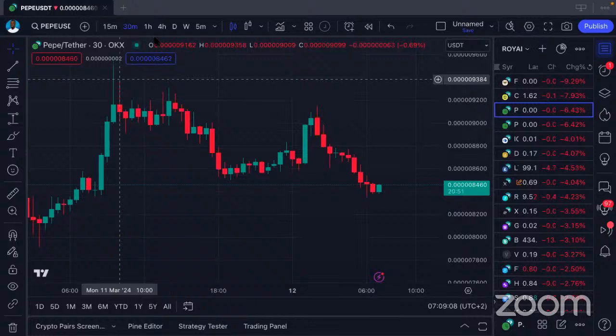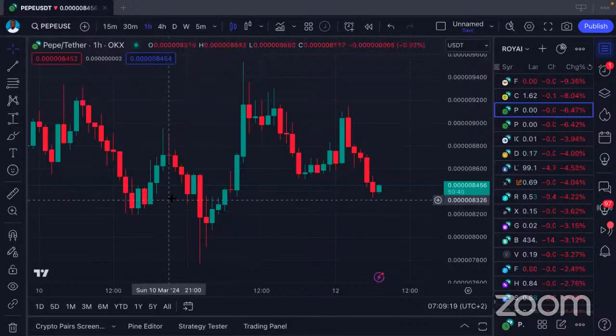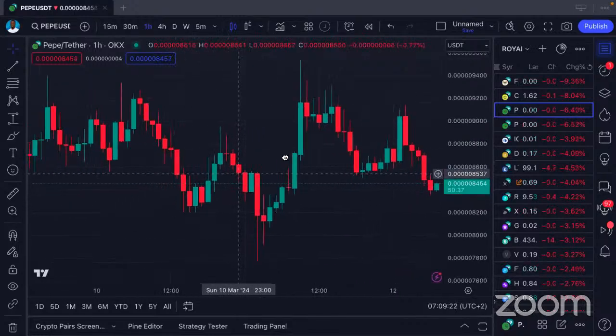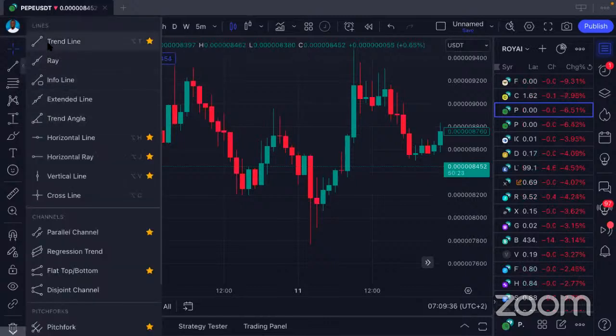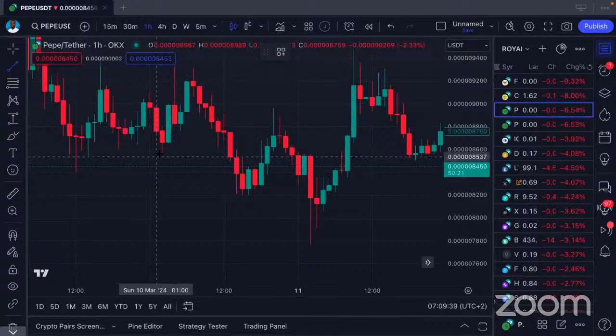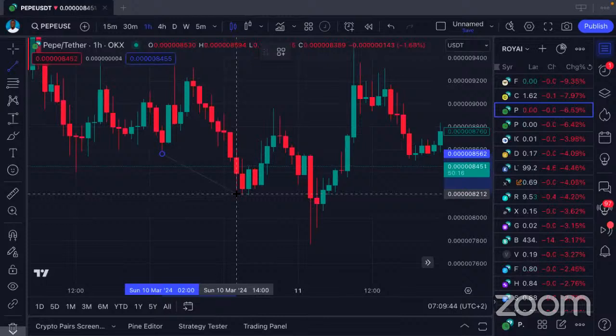I'll just take this as an example on Pepe in 30 minutes. I'll take Pepe in 1 hour. I'll come here and pick a trend line, and I'll connect this point here to this one here.